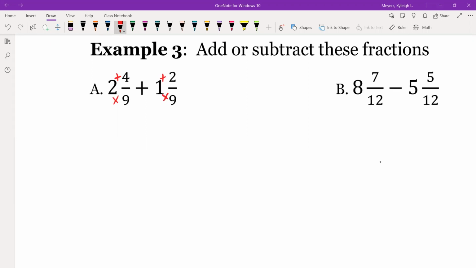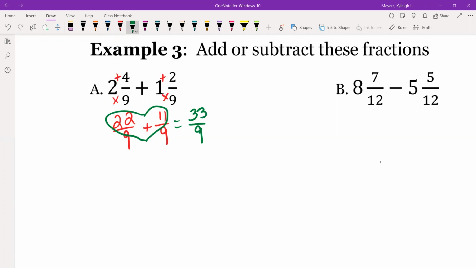So 2 times 9 is 18. 18 plus 4 is 22 over 9. 9 times 1 is 9. 9 plus 2 is 11 over 9. So you'd get 2 improper fractions, and then you add them because it says add, and you get 33 over 9, which then we'd have to figure out how many times does 9 go into 33?